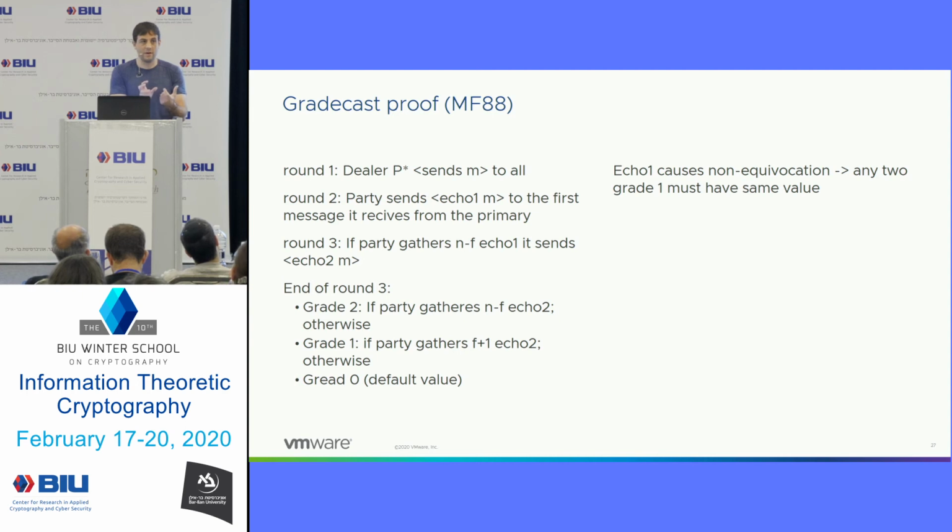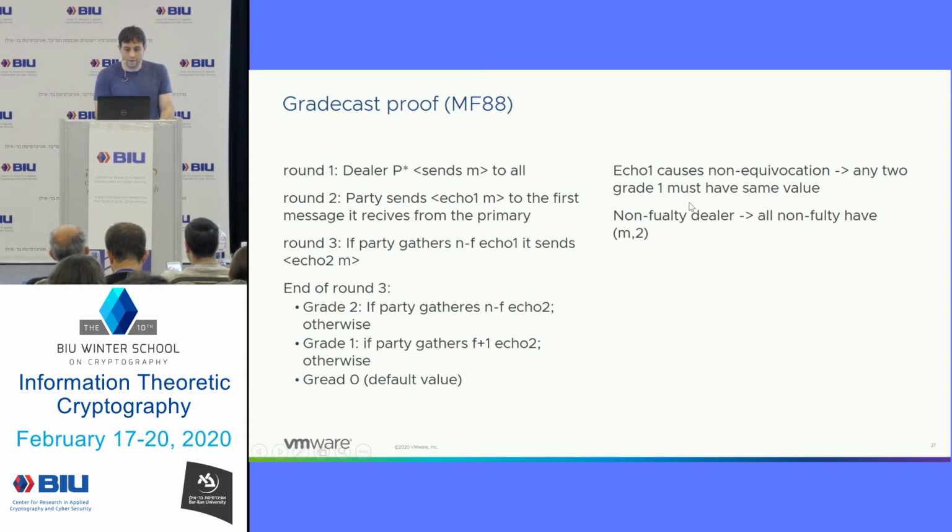The reason is that the intersection of these is n minus 2f. N minus 2f is at least f plus 1, and so there's at least one honest party. This honest party will not send both v and v prime. And so this basically means that if two parties have a grade of 1, then it must be the same value. Because whatever value is sent in echo 2 has to be the same for all parties.